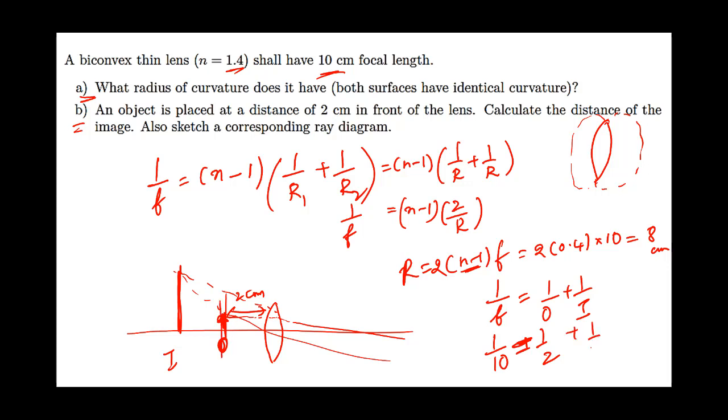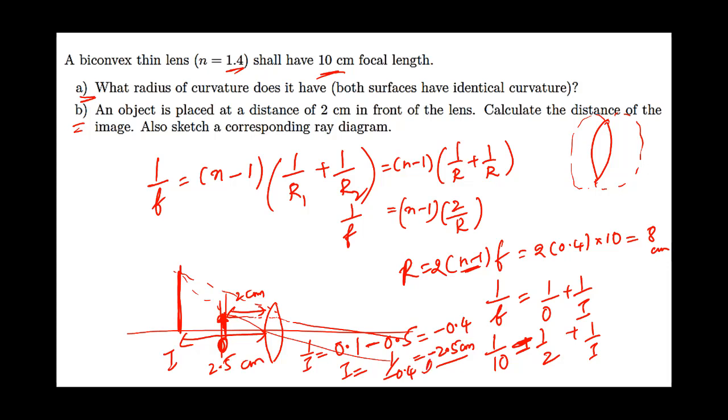And plus 1 over I. So then I would have 1 over I is equal to 0.1 minus 0.5, right? So I would get that to be negative 0.4, or the image distance is equal to 1 over negative 0.4, or that is negative 2.5 centimeters. So this would be 2.5 centimeters.